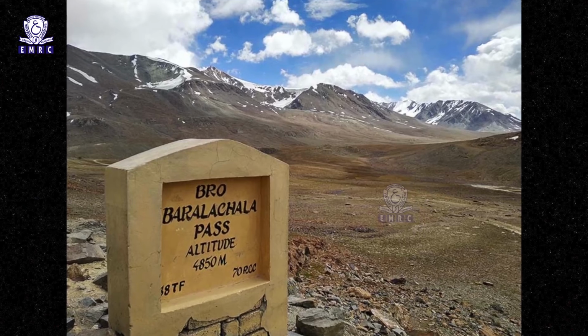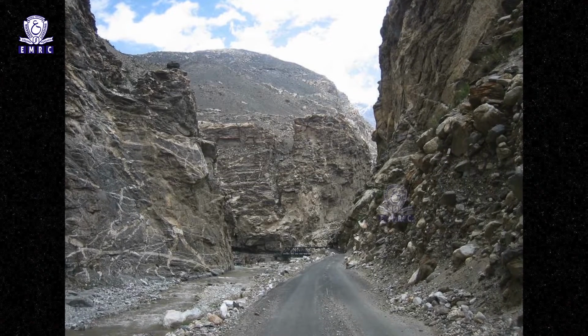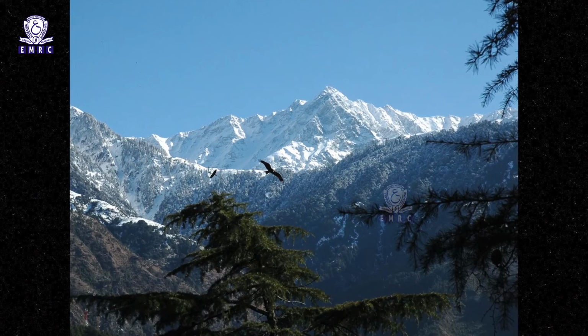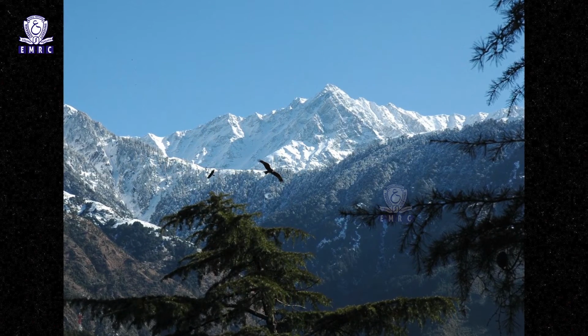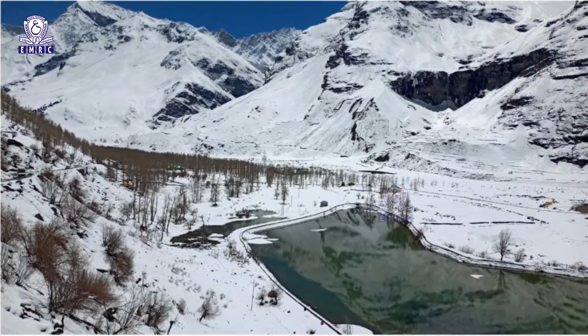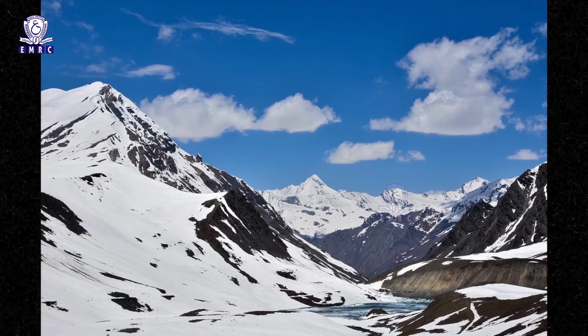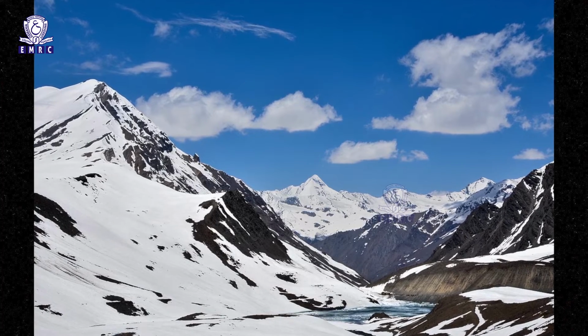Rohtang, Baralacha La, Shipki La are the important passes which join Himachal Pradesh with Tibet. The beautiful and highly productive valleys of the Kangra, Kullu, Manali, Lahul and Spiti lie in Himachal Pradesh. These valleys are well known for orchards and scenic beauty.